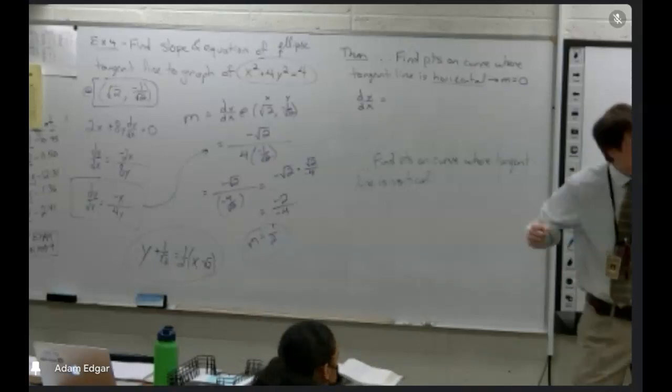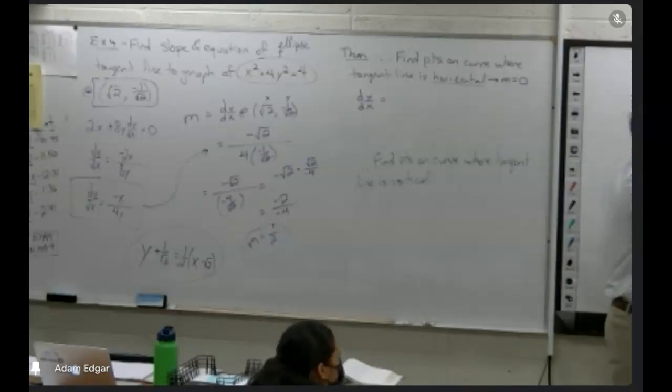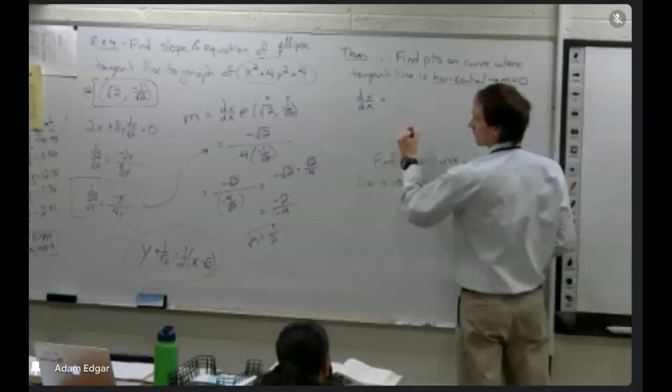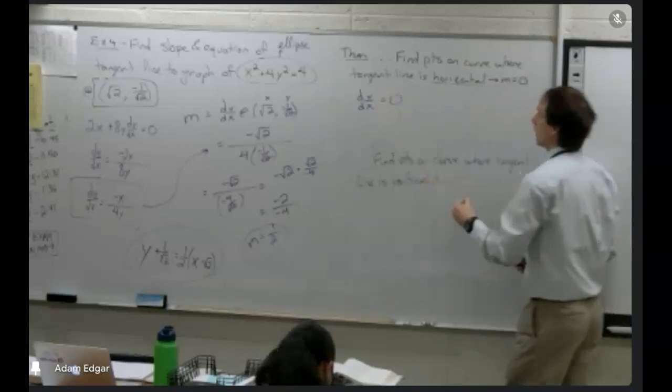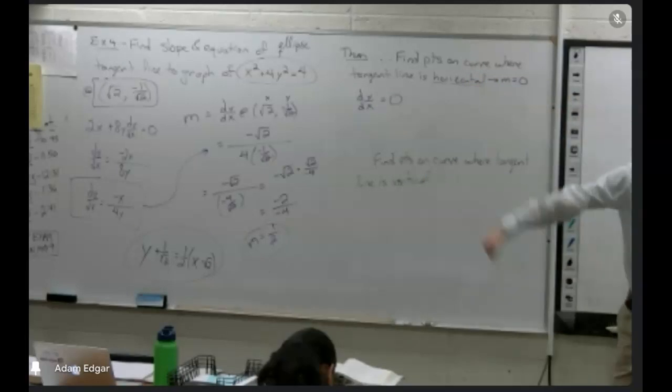Maybe I shouldn't have used the word if. Derivative. Some of you said that. I ignored you. All right, so the derivative. Set the derivative equal to 0. So you want, where's the tangent line horizontal? Set the derivative equal to 0.